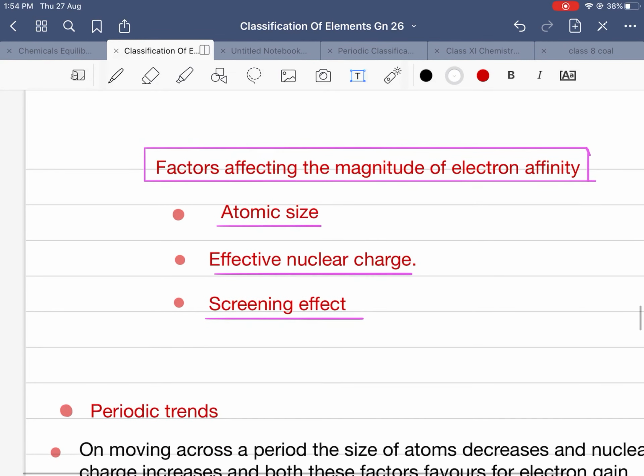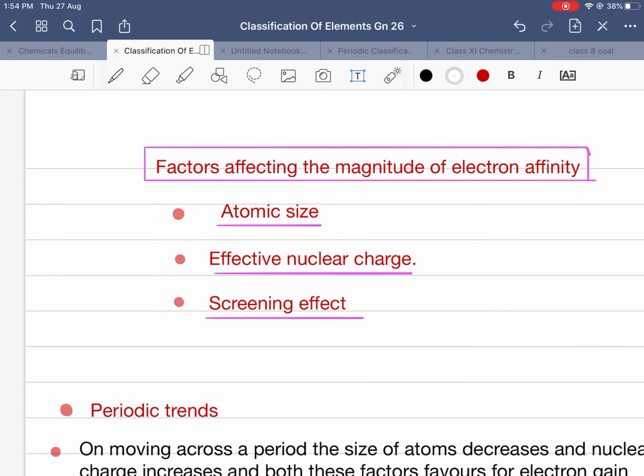There are various factors that affect the electron gain enthalpy. These are atomic size, effective nuclear charge, and screening effects. The magnitude of electron gain enthalpy is affected by these factors.